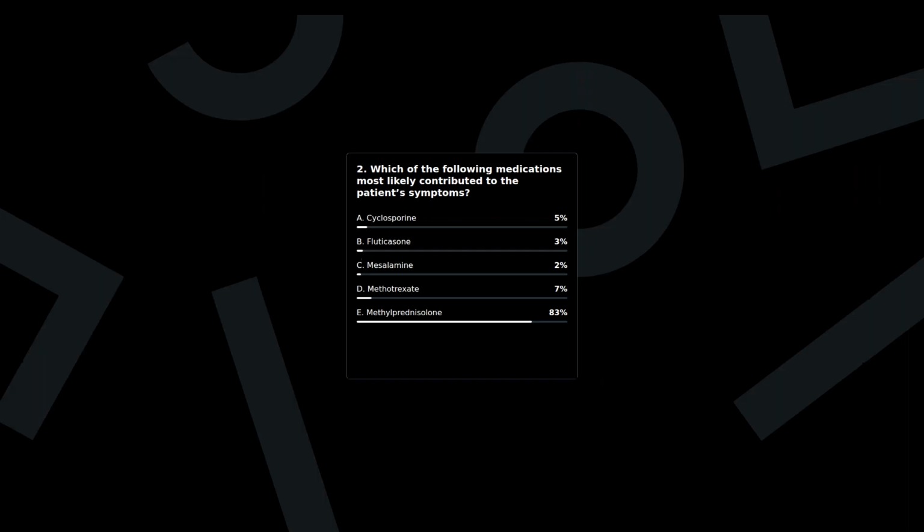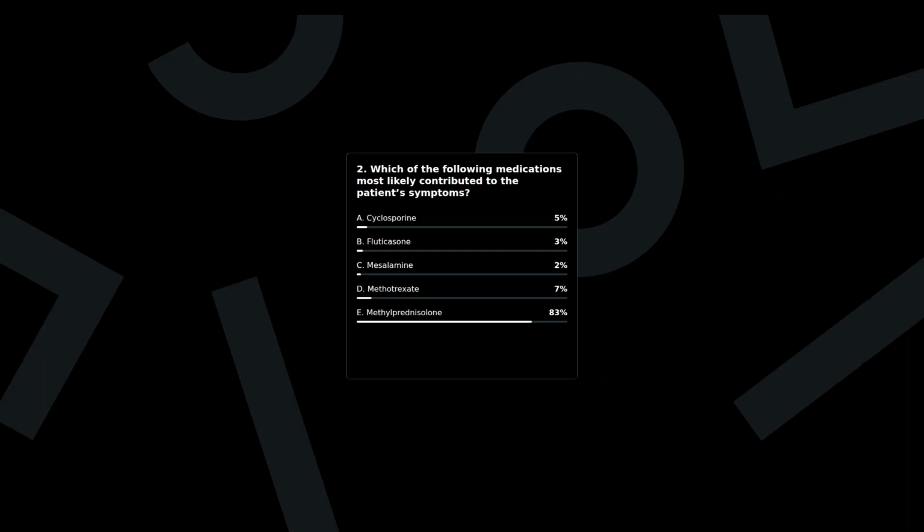I struggle to recall any answer choice where we've gotten over 80%. So a very clear and decisive favorite here. Few of you went with methotrexate and cyclosporin, and a few others with fluticasone and mesalamine, but it was all about answer choice E.